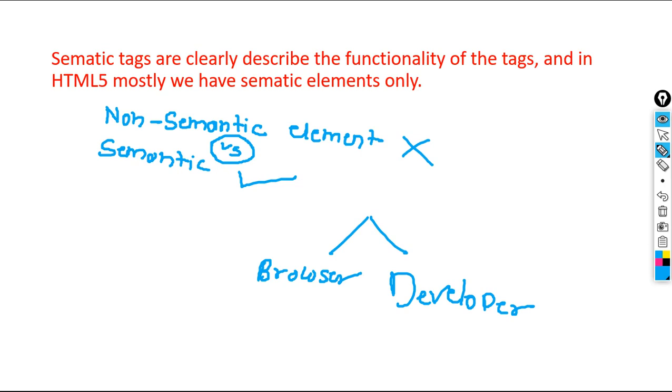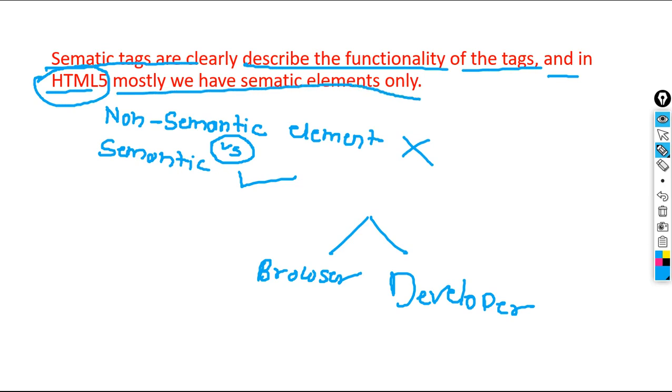Understood? So this is the difference between semantic element and non-semantic element. So here semantic tags clearly describe the functionality of the tags, and in HTML5 mostly we have semantic elements only.